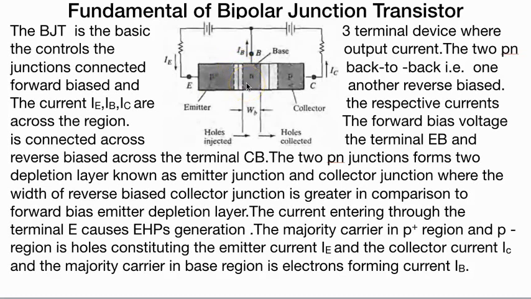For this region, there will be the majority charge carriers in p-type, but in n-type there will be the minority charge carriers. And being minority charge carriers in n-type, they can easily cross the depletion region.